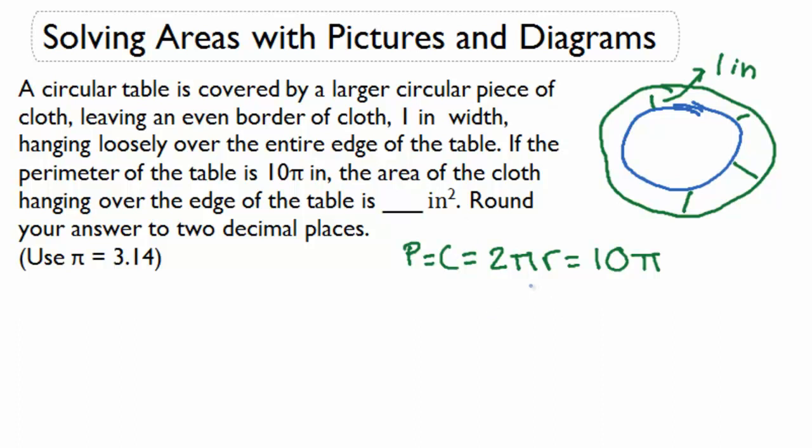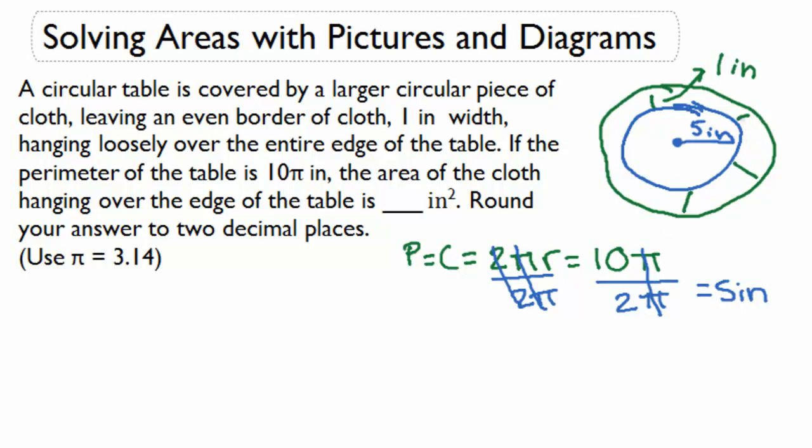Let's divide each side by 2 pi. That'll cancel out our pi and cancel out our 2. Now we cancel out the pi's on this side as well, and 10 divided by 2 is equal to 5 inches. So we know that the radius of our table is 5 inches.